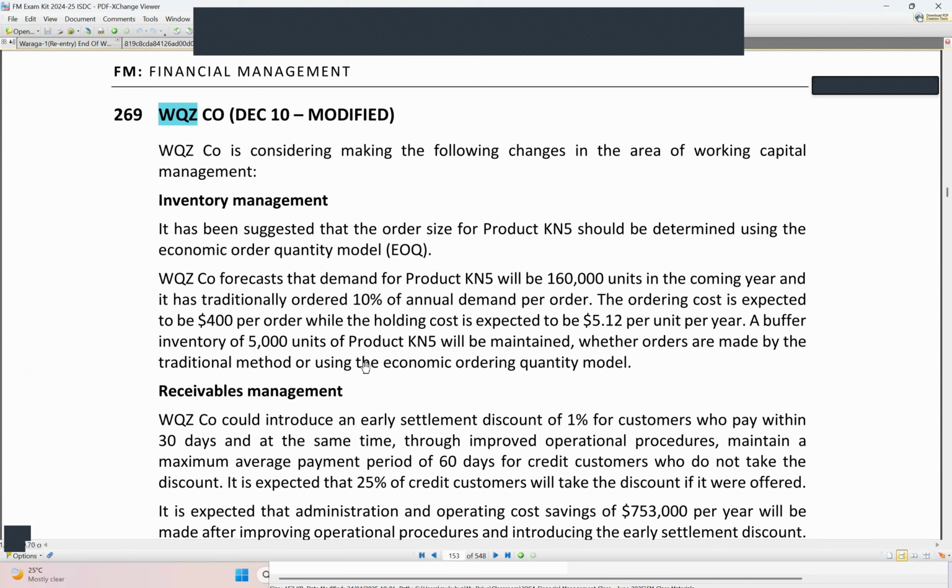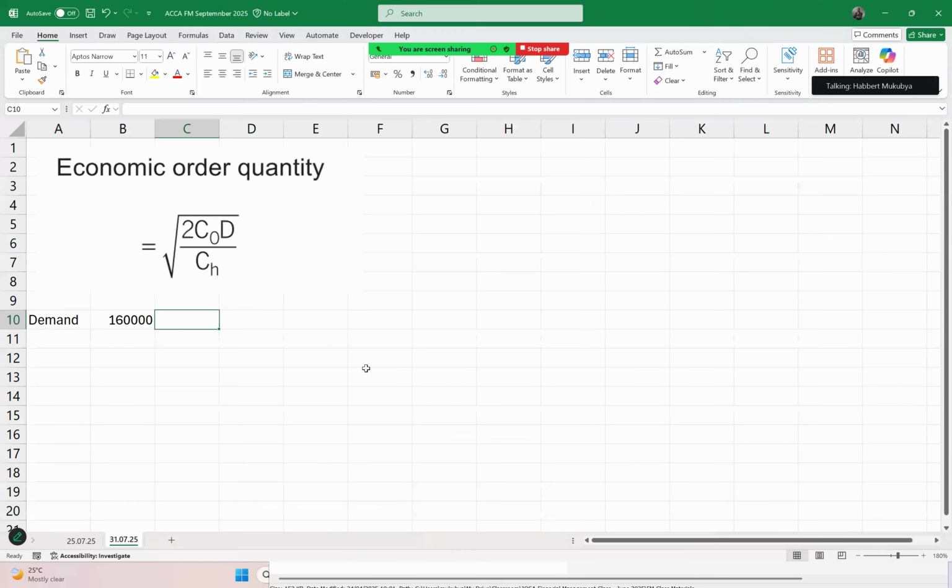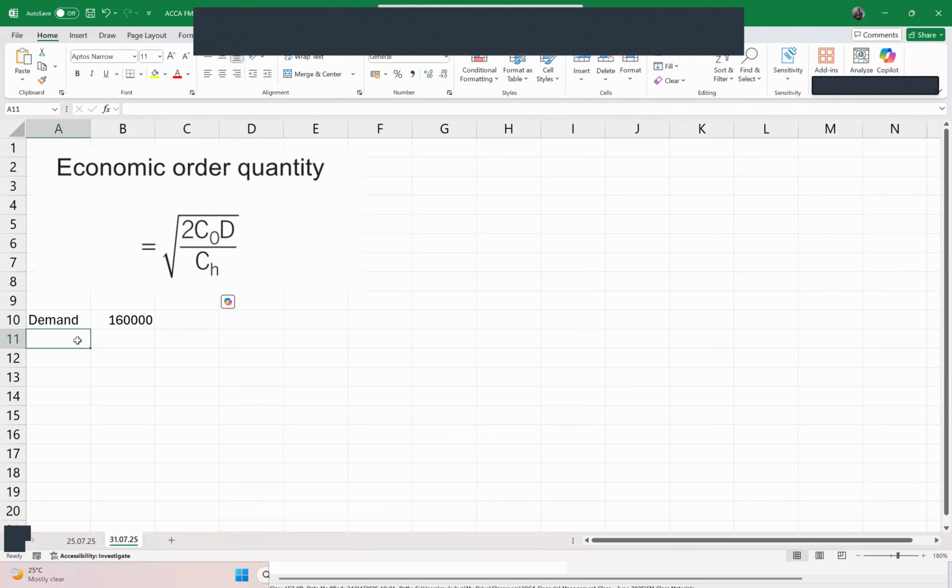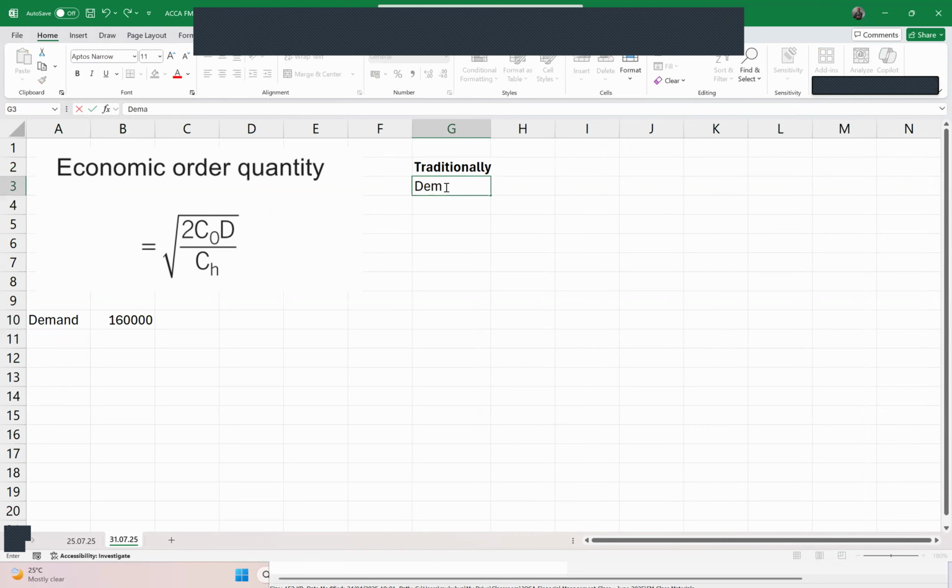Then they have been ordering 10% of annual demand per order. So traditionally, we can first work out the traditional approach here. Demand is still the same, 160,000.